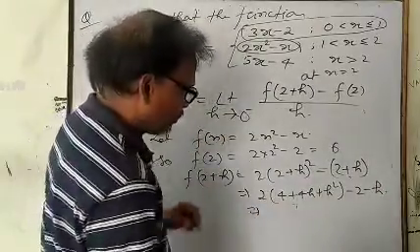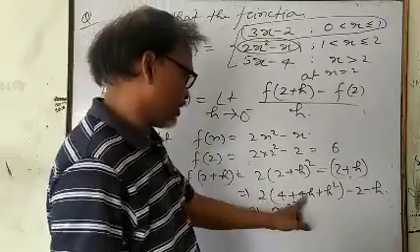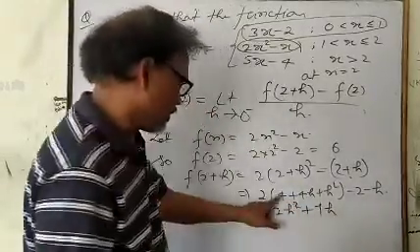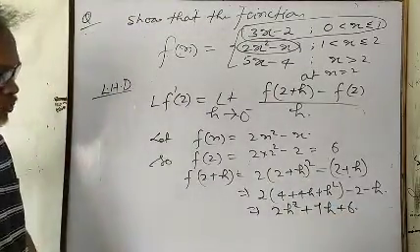After simplification you will get 2h square plus 7h plus 6. This is f(2 plus h).